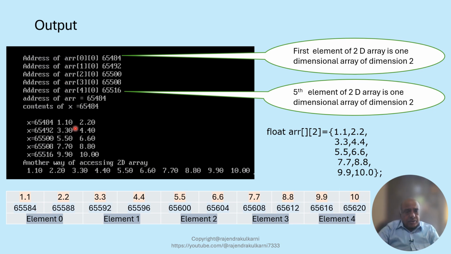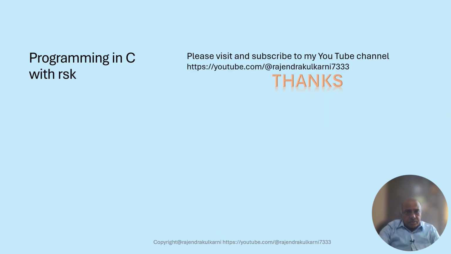In this particular program, the 0th element of the array is located at 65484 location, and consecutive elements of the array are located in contiguous memory locations. So this is all about the introductory part of the 2D array.